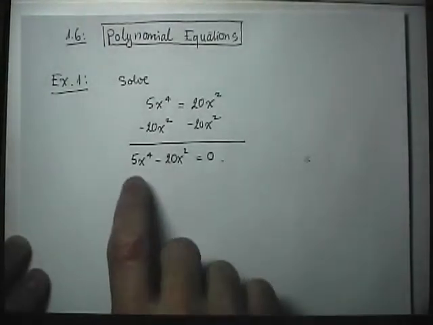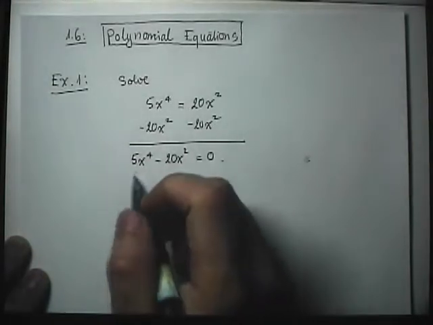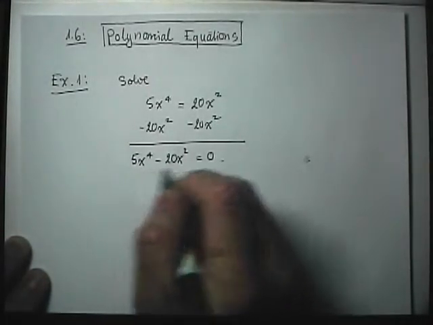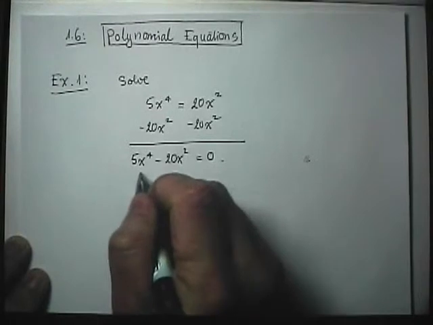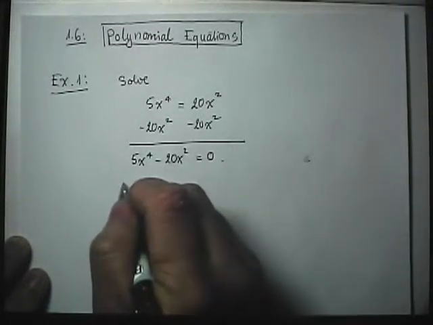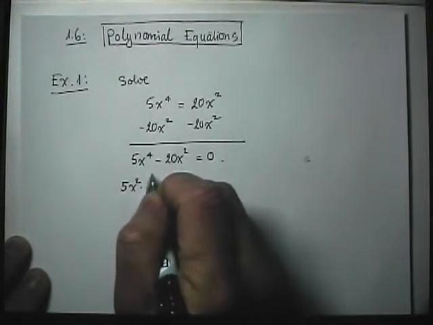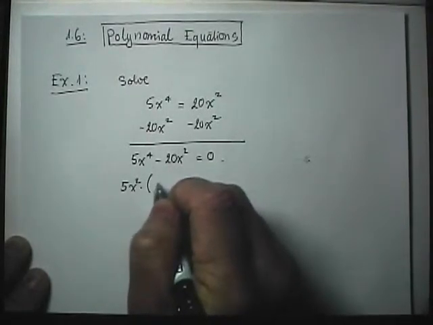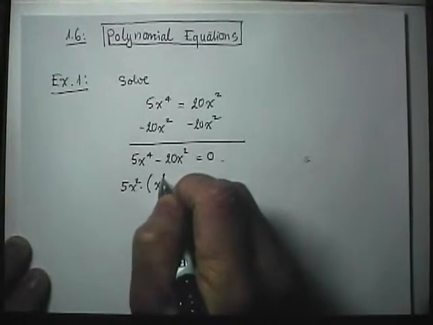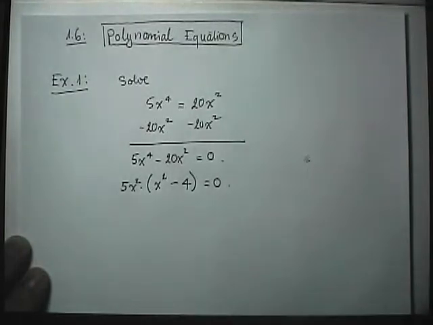What I see here is that throughout the two terms on the left-hand side, my only GCF is 5x squared. So I factor out 5x squared, and that gives 5x squared times x squared minus 4, all equals 0.